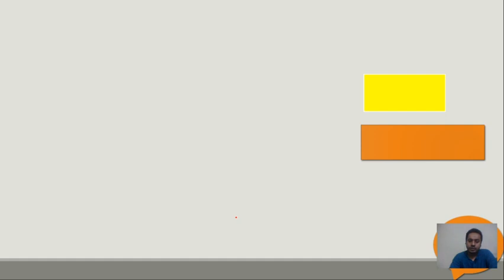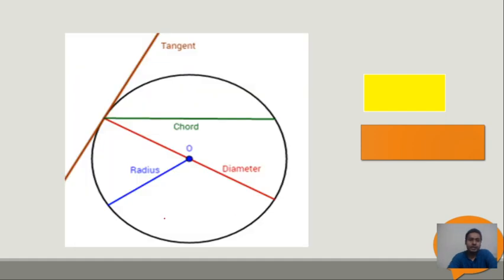Go to our next topic. This is the circle and this is the center. From this center, all points of this circle are equidistant from the center. If you consider all points on this line, they are equidistant from the center O. Okay, this is the chord.